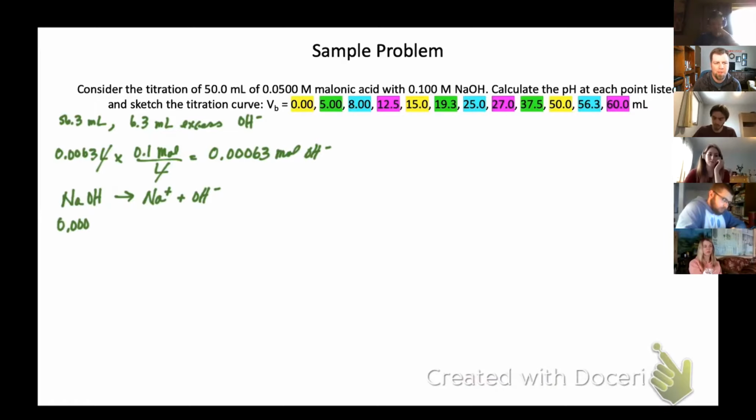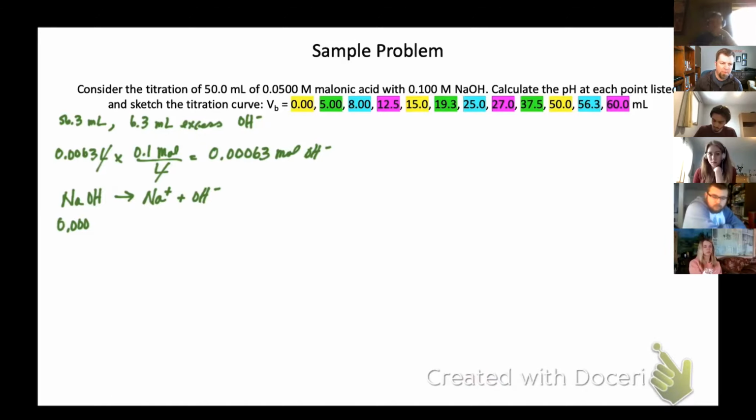Why 6.3? Because you have to subtract it from your 50 mils of acid that it takes to get to the equivalence point. Yeah, so we only have 6.3 excess because the first 50 milliliters were all consumed in neutralizing our acid, right?